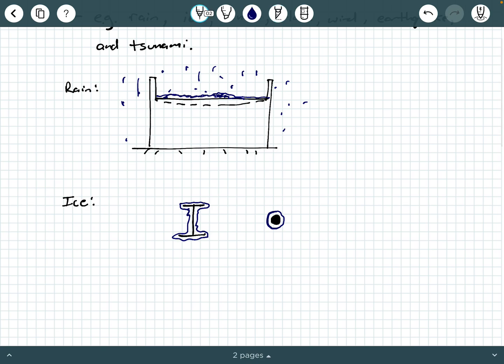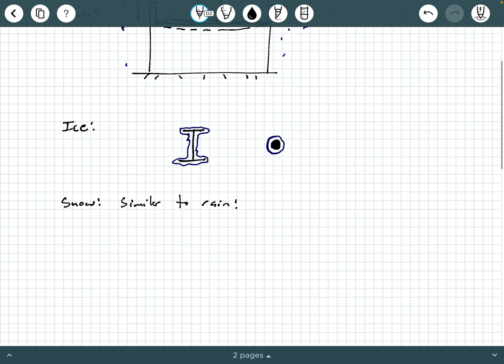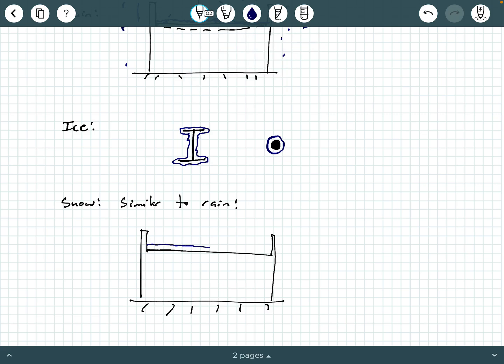Snow, same idea with snow. So instead of drawing a diagram, I'll say similar. I'll go ahead and draw a diagram, I guess, for us. Similar to rain, let's say maybe we have a building with a parapet again, and you've got a snow event, and let's say that the snow piles up, and the wind can blow the snow too, so you can have snow that piles up maybe due to wind.